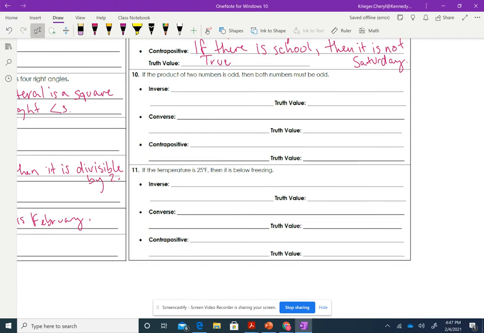If the temperature is 25 degrees, then it is below freezing. So the inverse: if we're negating, if the temperature is not 25 degrees, then it is not below freezing.